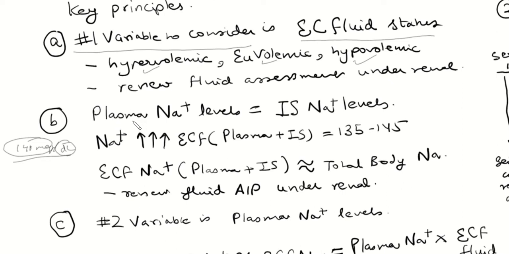Now, remember, plasma sodium concentration is the same as interstitial sodium concentration, which is the same as extracellular compartment sodium concentration. If you're not sure about this, you've got to review my previous videos on fluid anatomy and physiology under renal. We've covered these concepts extensively there.